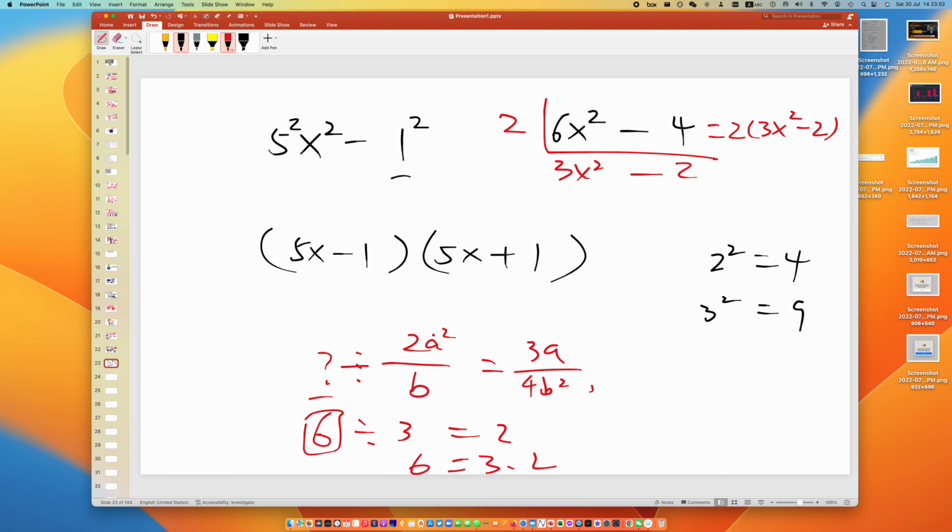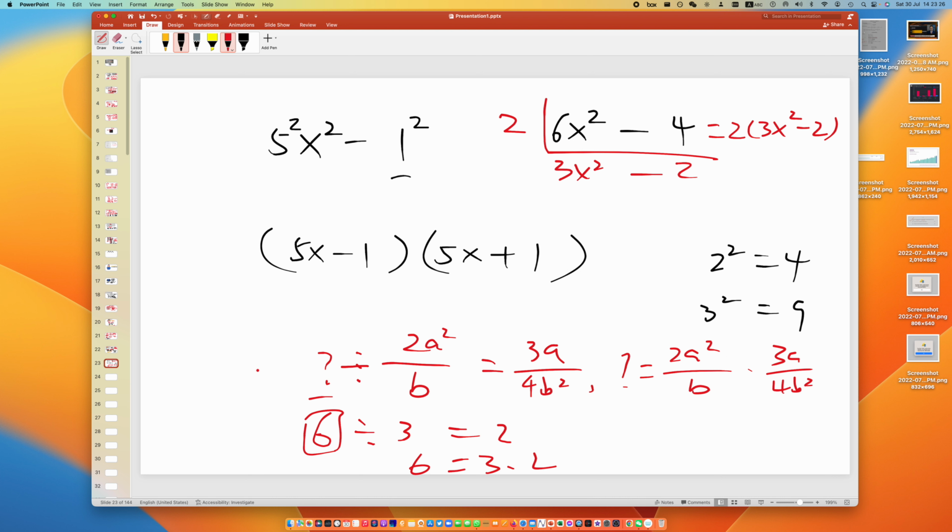Similarly, you take this times this, so the question mark equals 2a square over b times 3a over 4b square. You do the splitting of element, and then after that, you do cancellation. So this topic is about factorization and cancellation of similar terms, top and bottom.